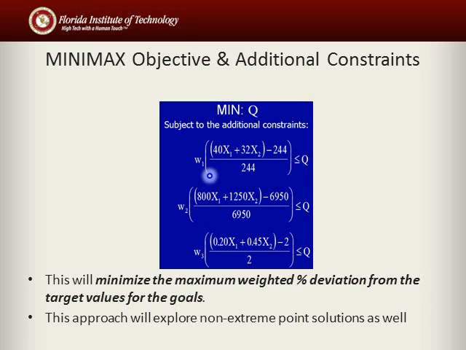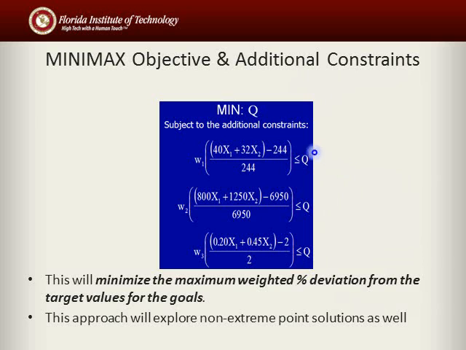So these are going to be the additional constraints for the 3 different goals. In here, these 3 Q values are going to be selected by the simplex algorithm. So when you're setting this up in Excel Solver, these values are going to be part of the variable cells.